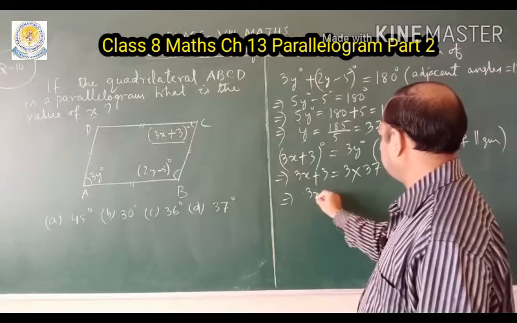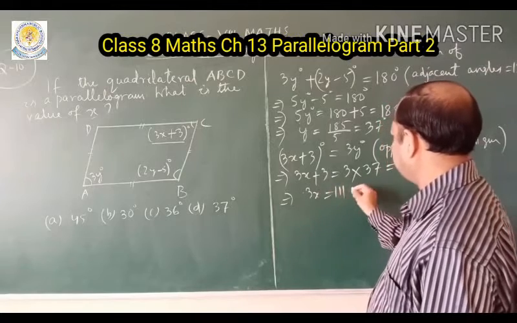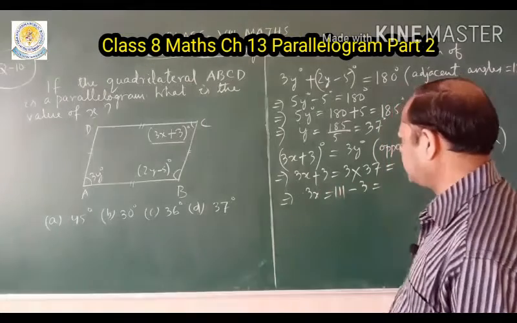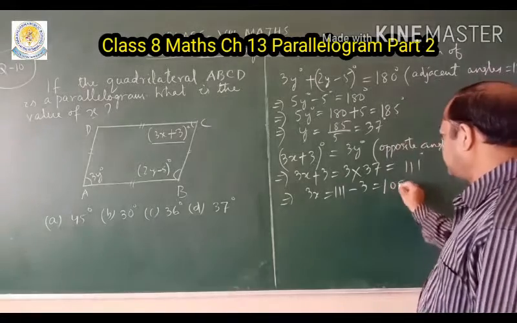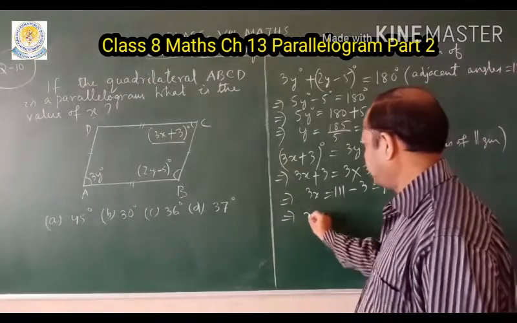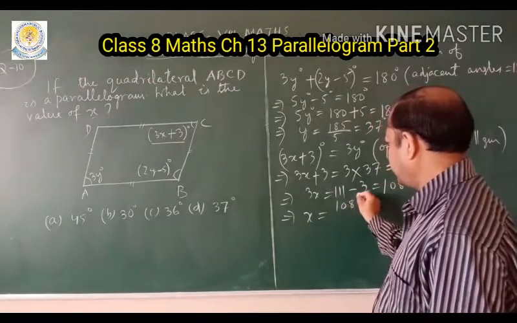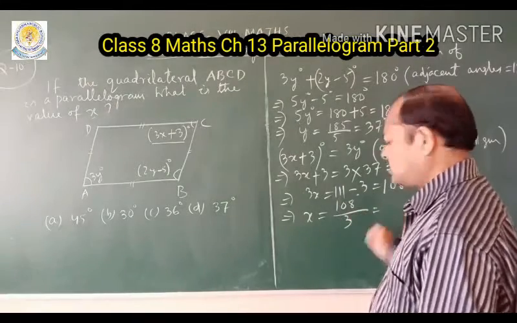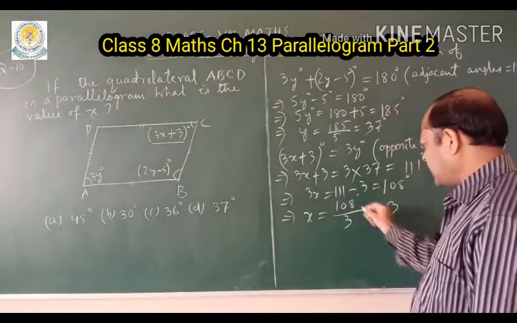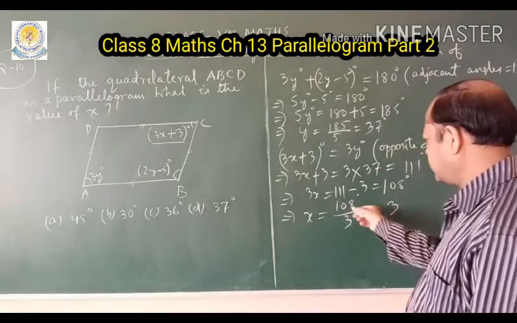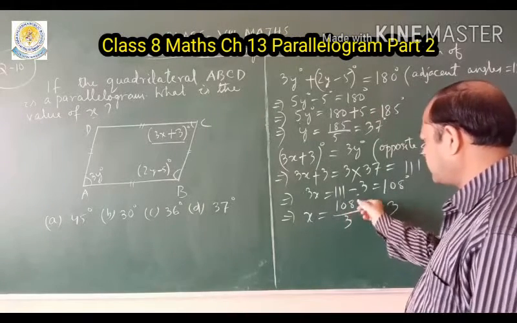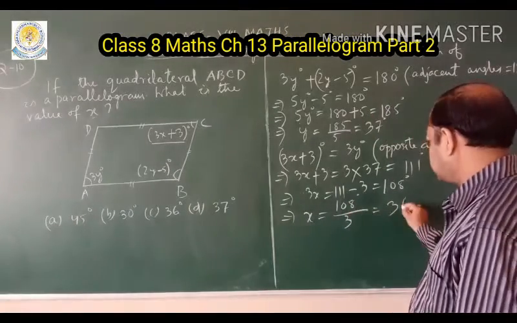3x equal to 111 minus 3. 111 minus 3 is 108 degree, or x equal to 108 upon 3. That is 36.